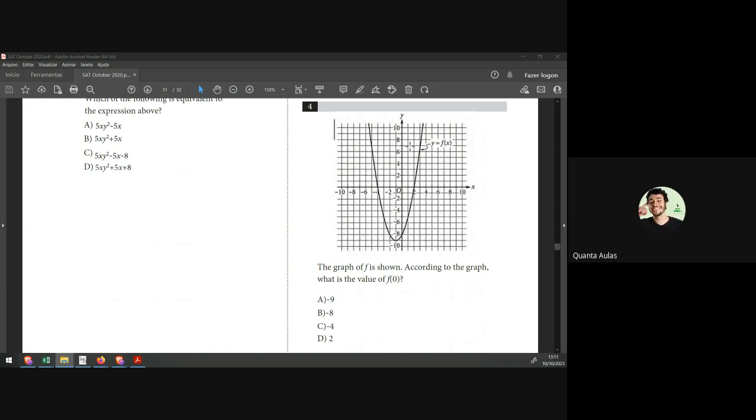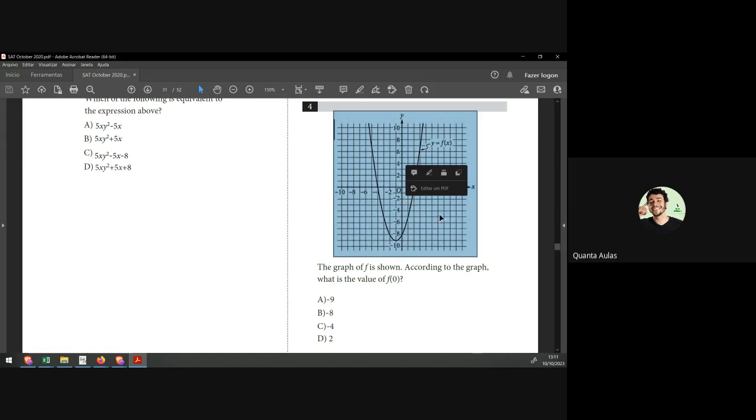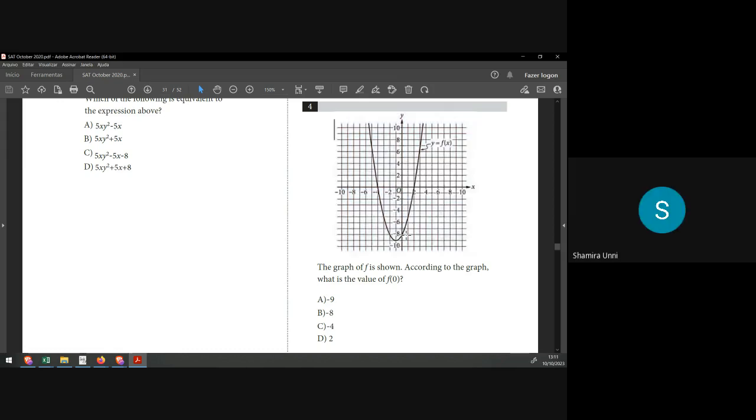But we have the graph. So you can look at the graph, because in the graph we have the value of f(x) at 0. Would it be 2?